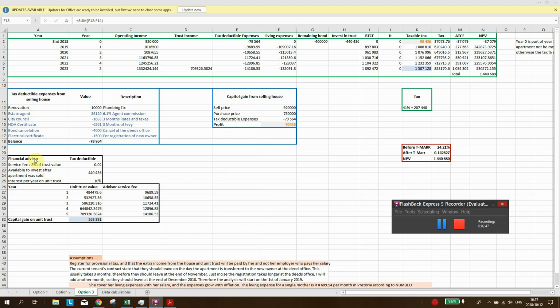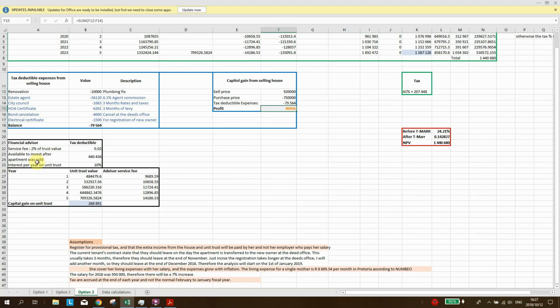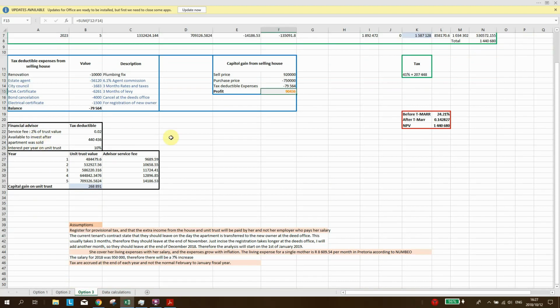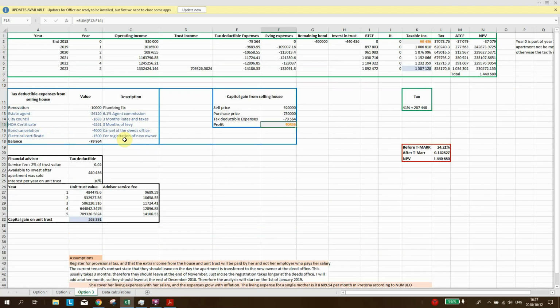So for the financial advisor to invest the remaining money from the house after the bond has been paid off, the bond of 400,000, the amount available to invest is 440,000. So it was invested here at a 10% interest rate.